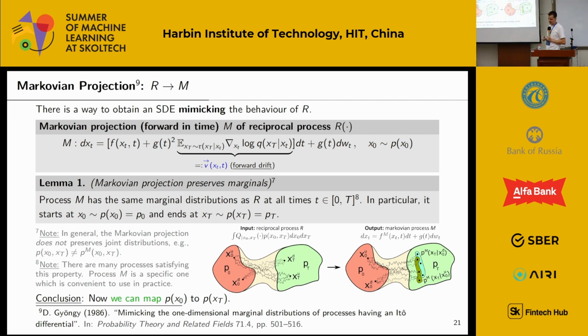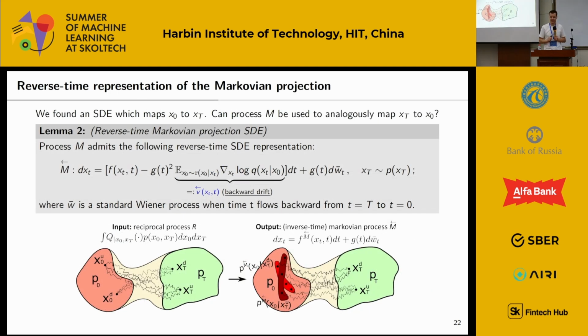But before discussing this, I would like to mention one more, a little bit tricky aspect about all this stuff. So first of all, you see that when we talked about flow matching, we had some procedure which recovers some drift, and this drift allows us to transform one probability distribution to the other probability distribution.